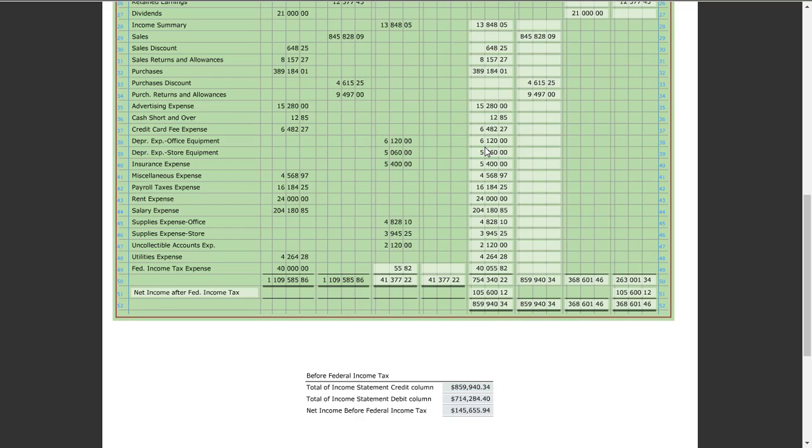If you change your net income, you have to change what your federal income tax is. Does that make sense? So if your mistake is over here on your income statement columns, and this number was wrong, which is going to change your total here, you have to recalculate your federal income tax, which will change this number, which will change your adjustment, which will change it up there, which will change it on your balance sheet.